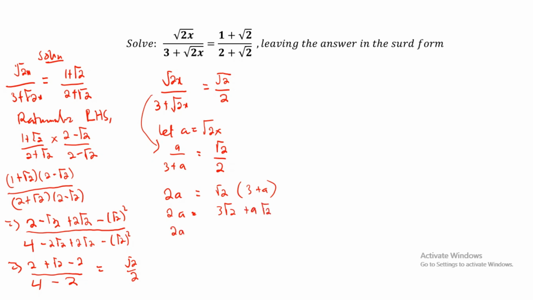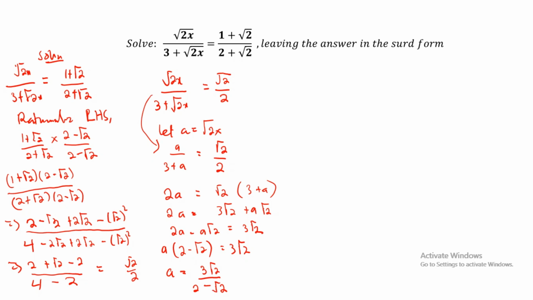So 2a minus a square root of 2, we send this one to that side, will be equal to 3 square root of 2. So from here we see that a is common, so we'll factorize a out. So a into bracket 2 minus square root of 2 will give us 3 square root of 2. So our a will now be equal to 3 square root of 2 all over 2 minus square root of 2.